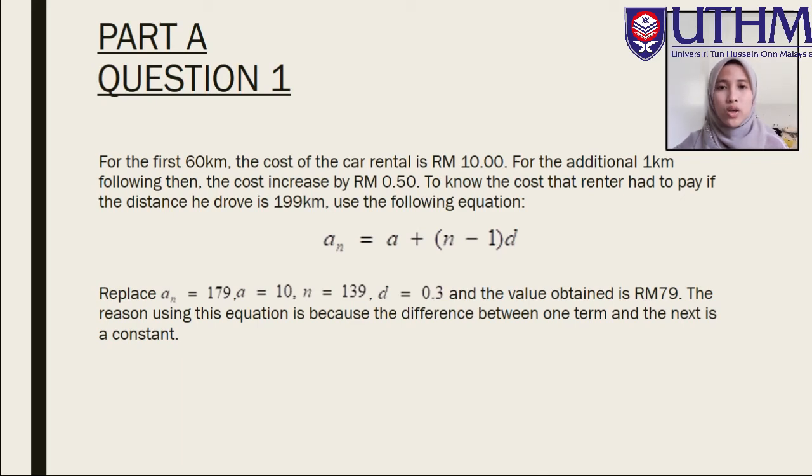Replace a with 179, a with 10, n with 139, d with 0.3. The value obtained is 79 ringgit. The reason we use this equation is because the difference between one term and the next term is constant.